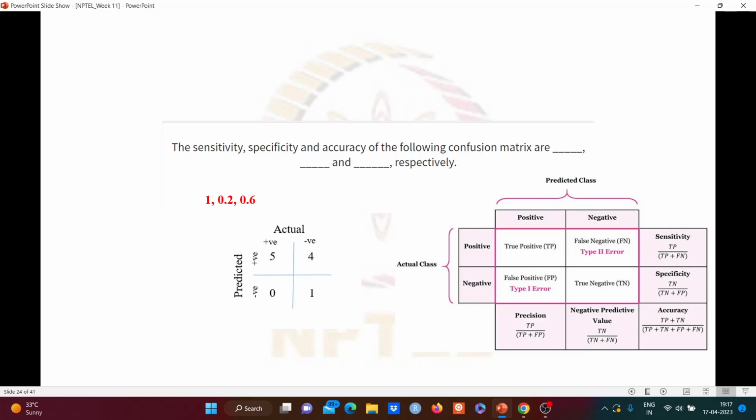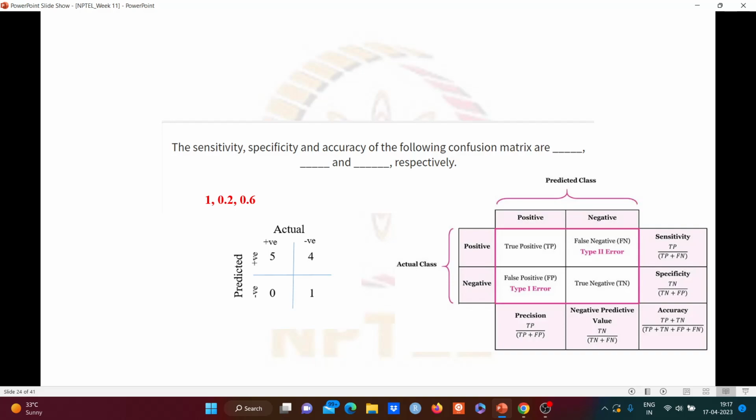False negatives means actually positive but predicted as negative. So actually positive predicted as negative are 0. So 5 divided by 5. Yeah, your answers are correct.